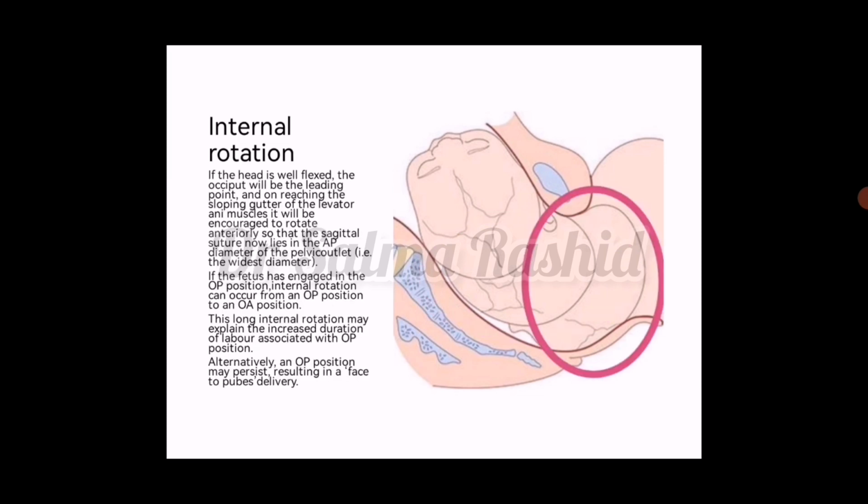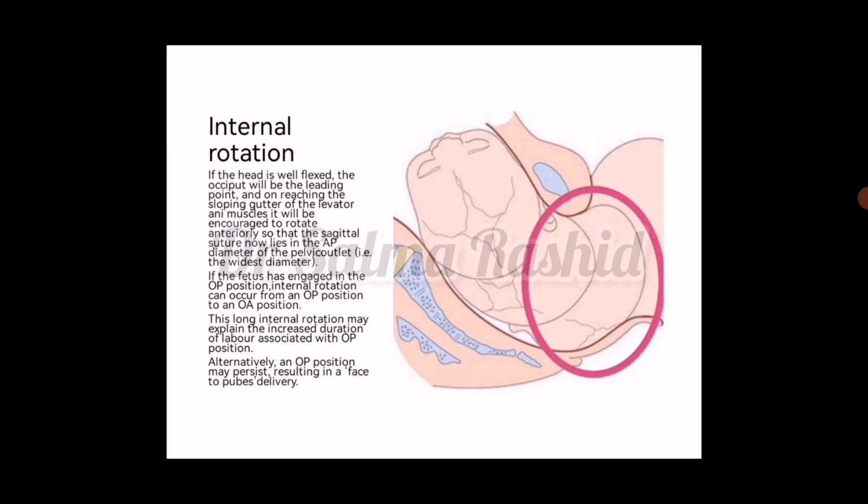Now then comes the internal rotation. If the head is well flexed, the occiput will be the leading point, and on reaching the sloping gutter of the levator ani muscles, it will be encouraged to rotate anteriorly, so that the sagittal suture now lies in the anterior posterior diameter of the pelvic outlet, the widest diameter.